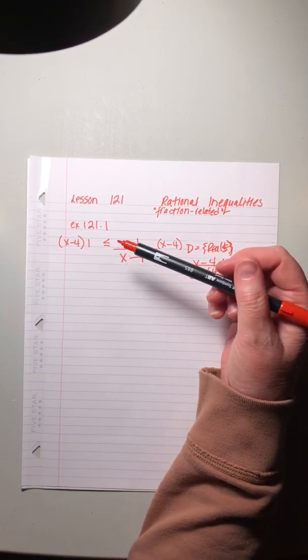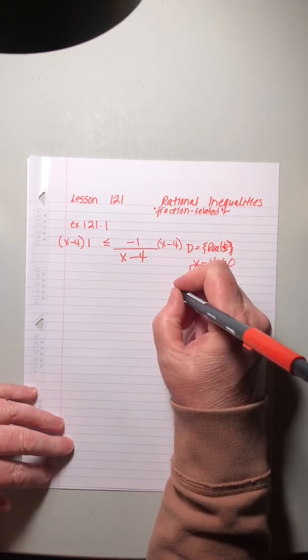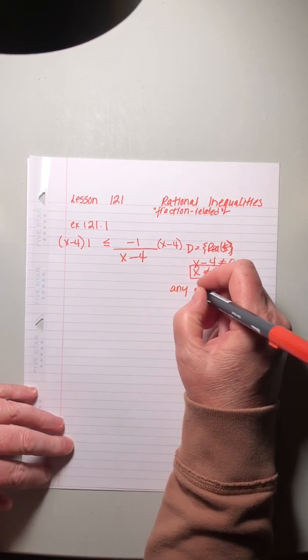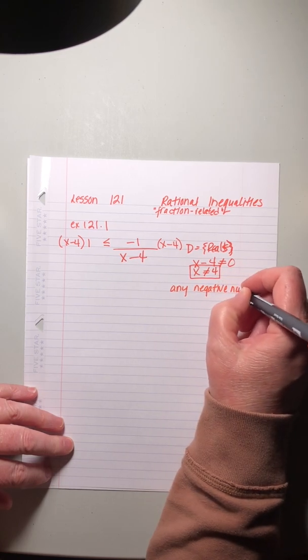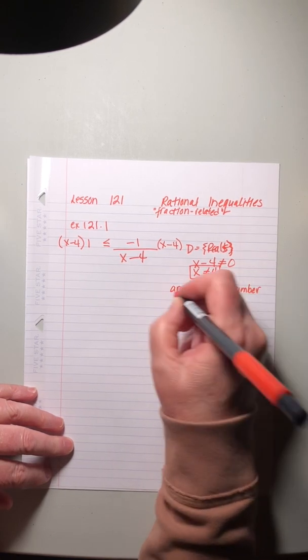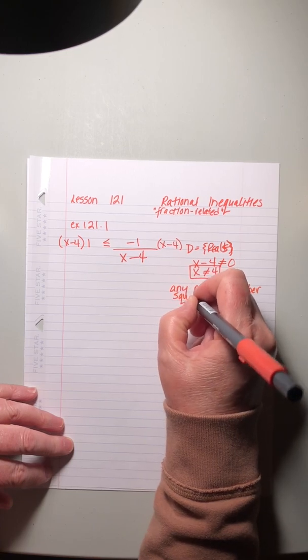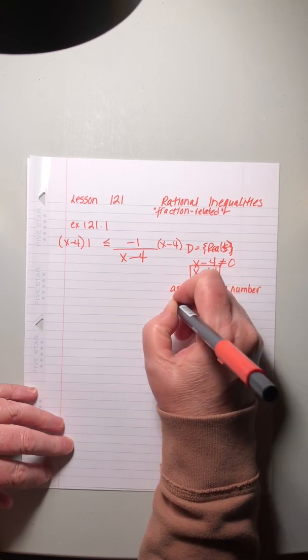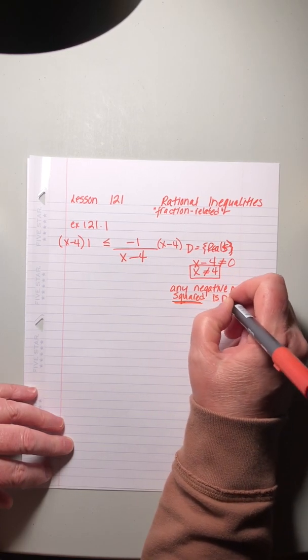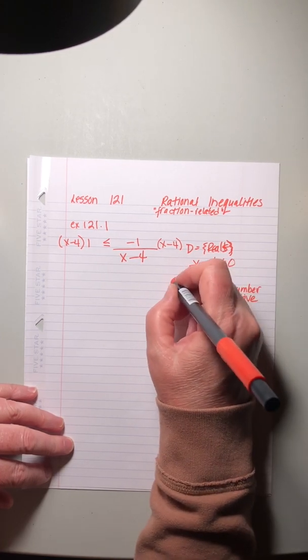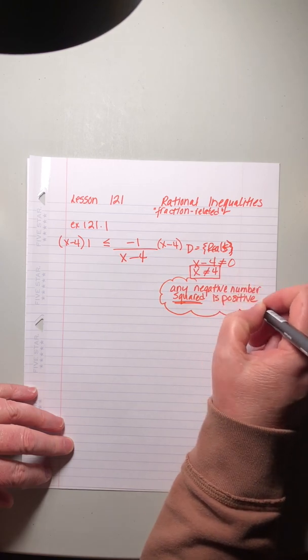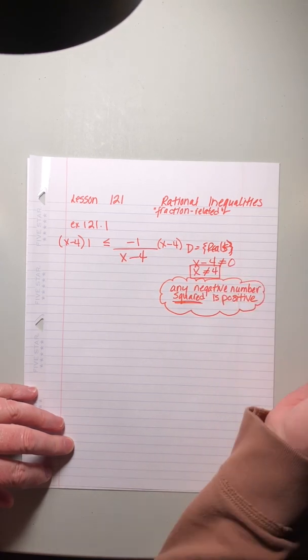So how can we do that? Remember that any... Let me just write it and then I'll say it. Any negative number that's squared is guaranteed to be positive.